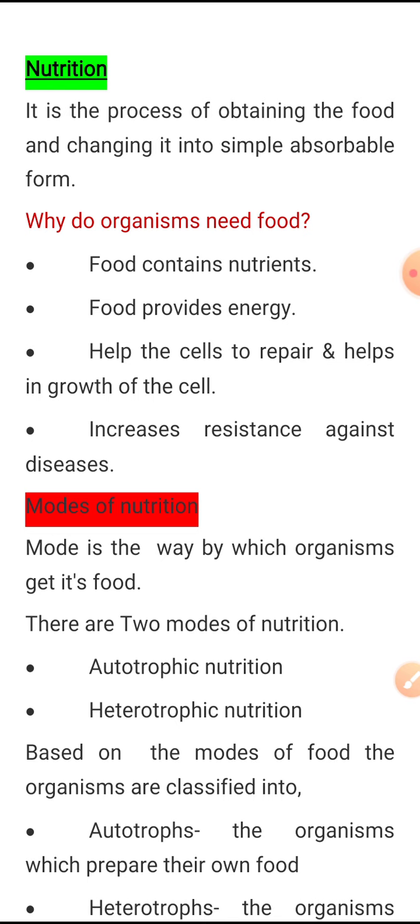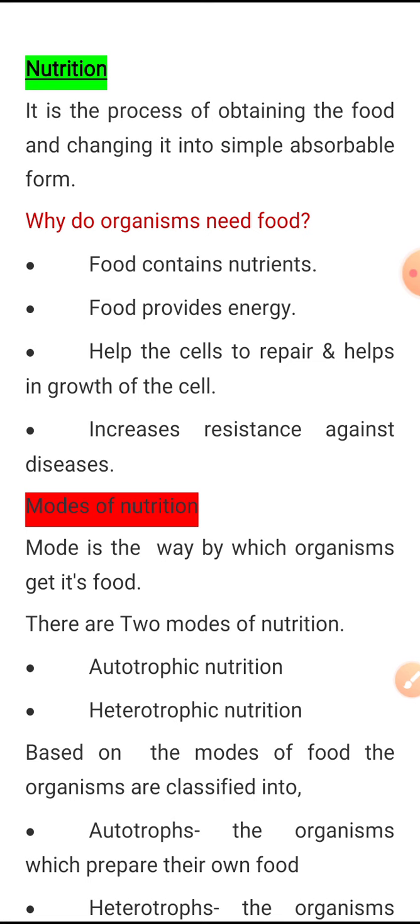So, we are going to discuss nutrition. Here, I will discuss food. How does a living organism get its food, how does it take the food inside, and what happens to the food that is taken inside the body of a living organism.